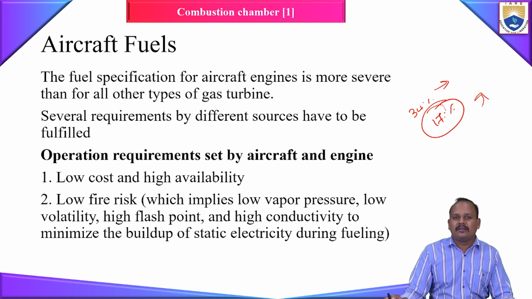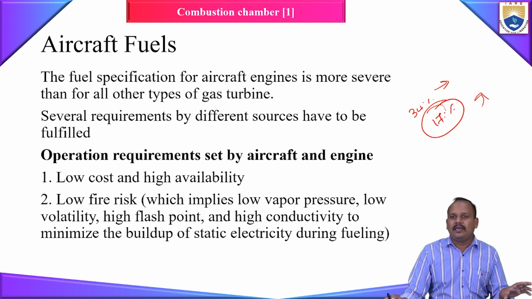High conductivity, in the sense of how easily the fuel can conduct electricity. Usually the conventional jet aviation fuels have low conductivity, as naturally existing aviation fuel. So what they do is add external particles to your fuel to increase its conductivity.